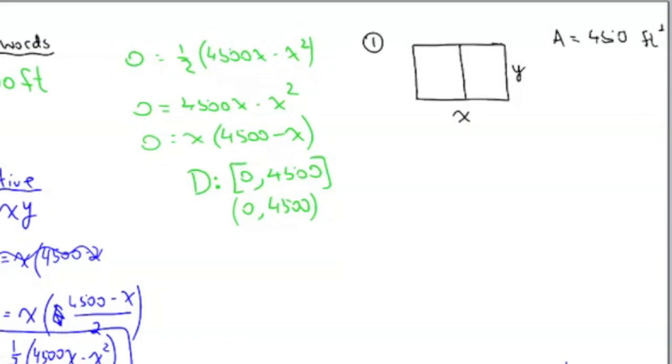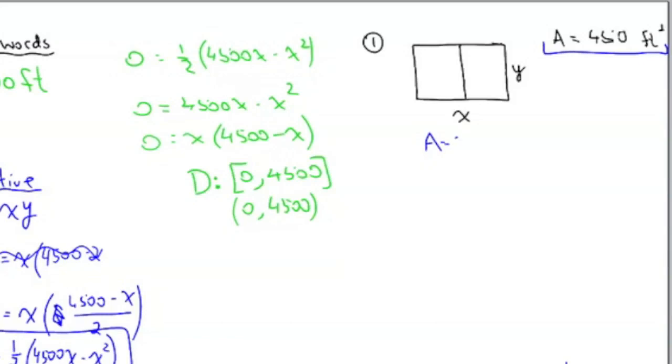Now, what is our constraint in this case? Is it the perimeter? No, it's not the middle beam. It's an area, because this is the only number I'm given. That has to be the constraint. So, how do you write the area of this shape in its formula?